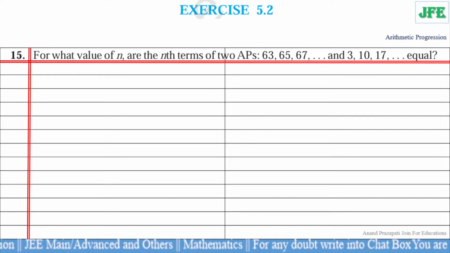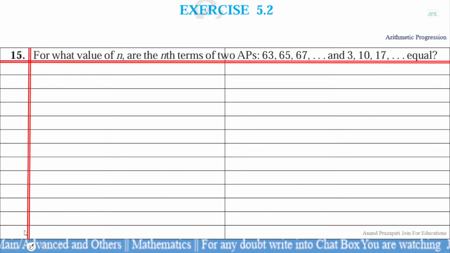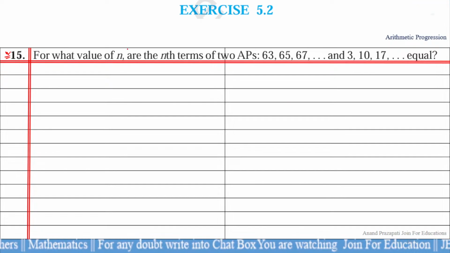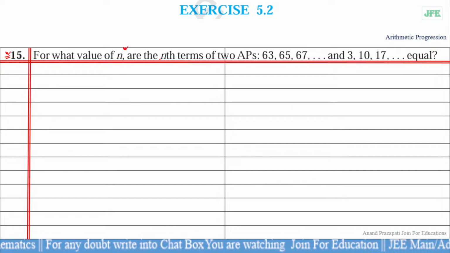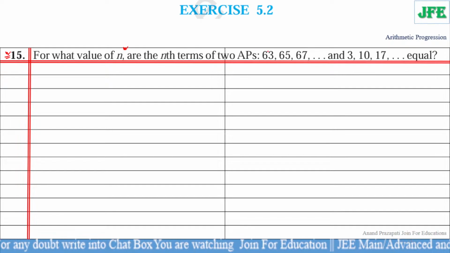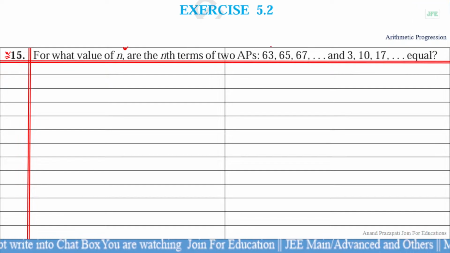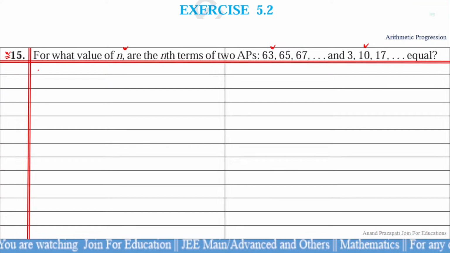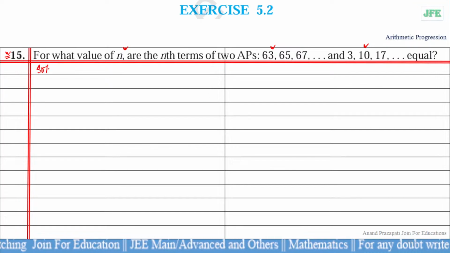Let's see the last question of this class, which is question number 15. For what value of n are the nth terms of the two APs equal? Let's see the solution of this question.